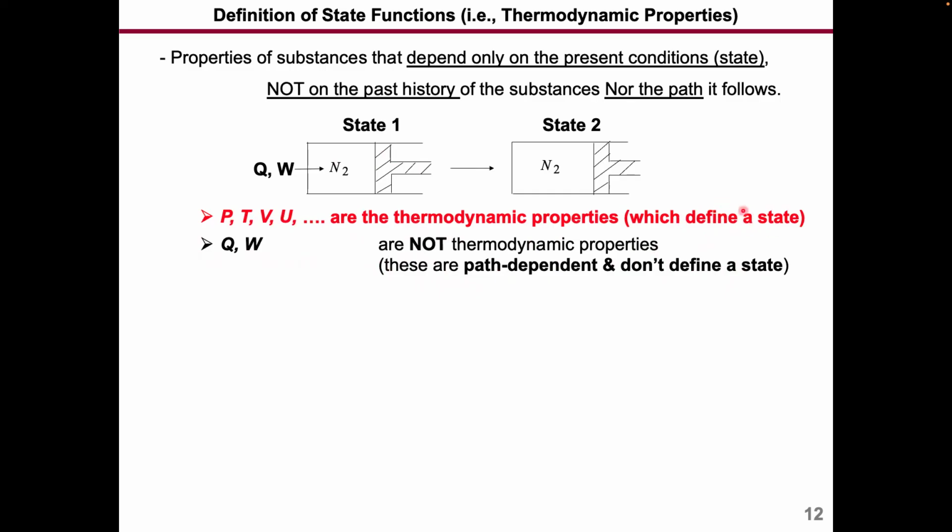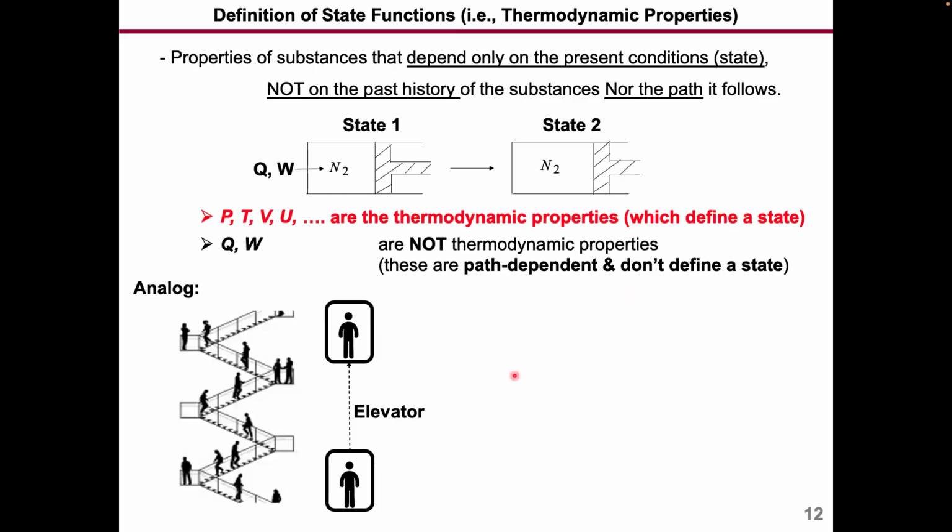Now, to better understand this, let me give you an analogy. Let's say you're on the ground level, and you want to go to the third level. You can either take an elevator. You just hop in and the elevator lifts you from ground level to the third floor.